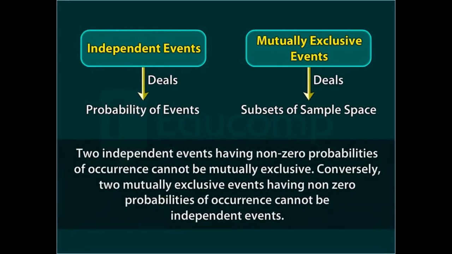Two independent events having non-zero probabilities of occurrence cannot be mutually exclusive. Conversely, two mutually exclusive events having non-zero probabilities of occurrence cannot be independent events.